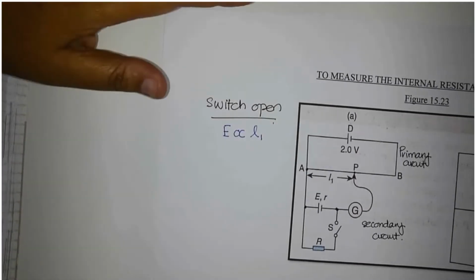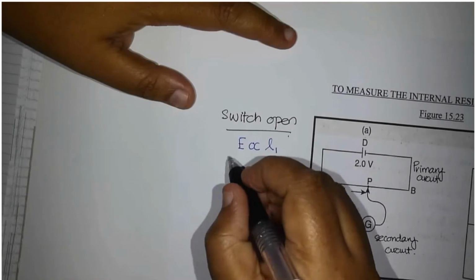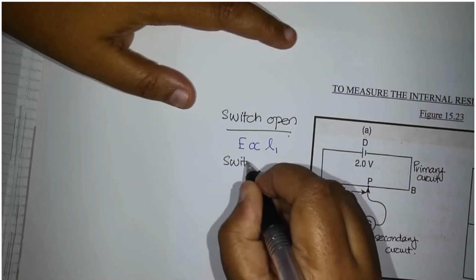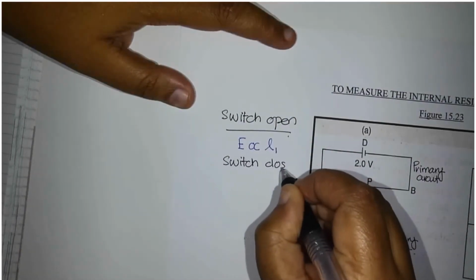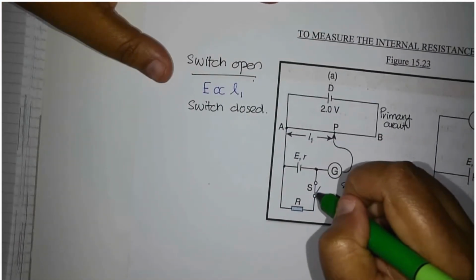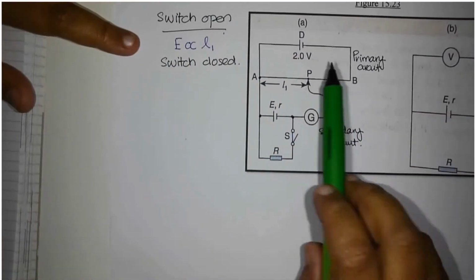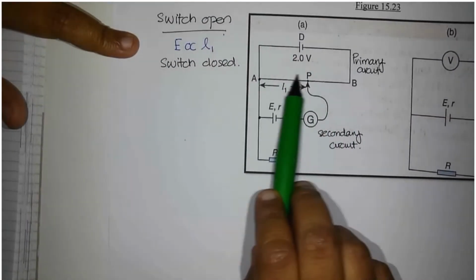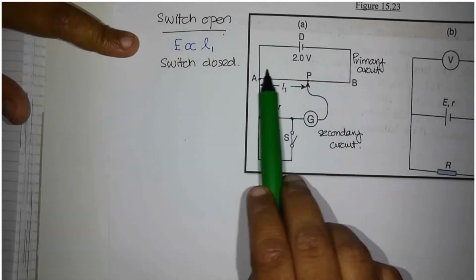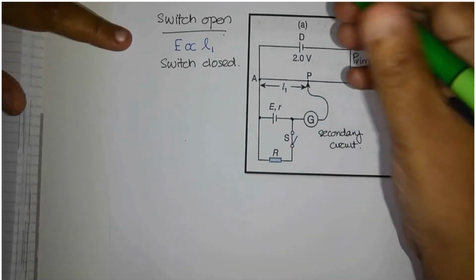So the switch is open. Now the switch is closed. What happens, class? Move the slider until you find the balance length, which the book has labeled L2.